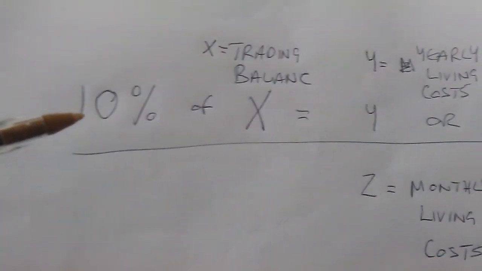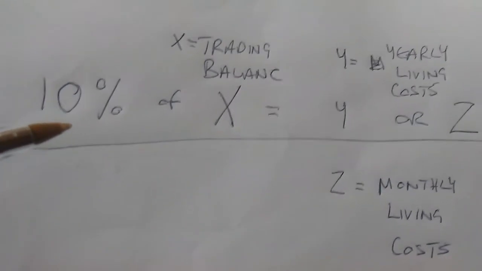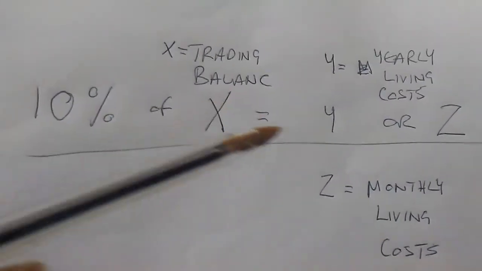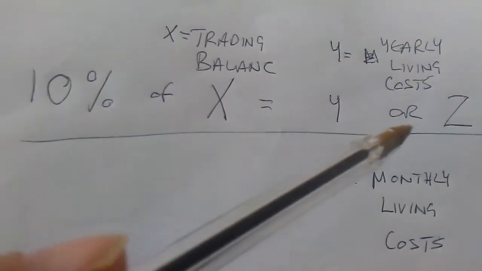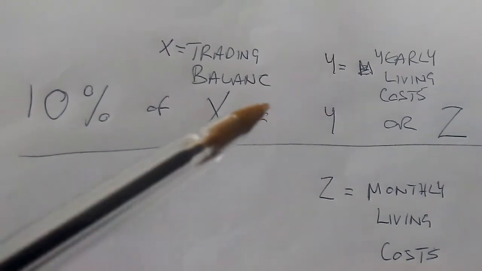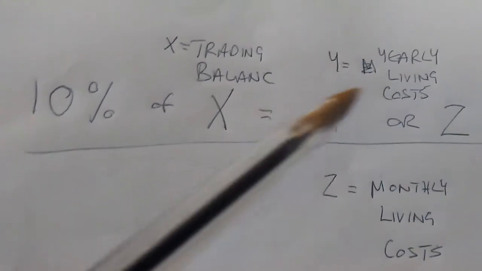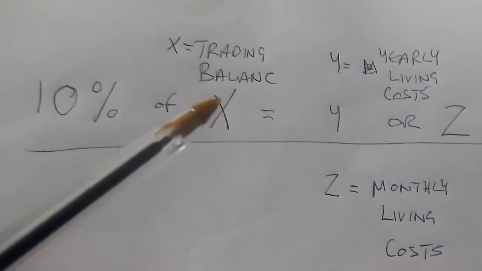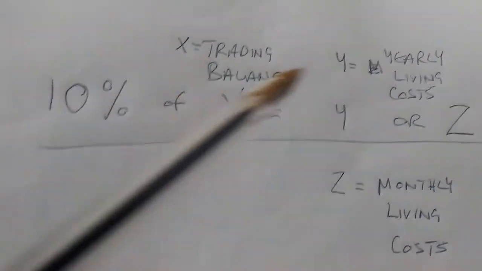So basically, that's the formula that I've just worked out. 10% of your trading balance equals your yearly cost. Work out your yearly costs, make that 10% of your balance, and that will give you the balance if you want to do it in one go, one 10% trade.